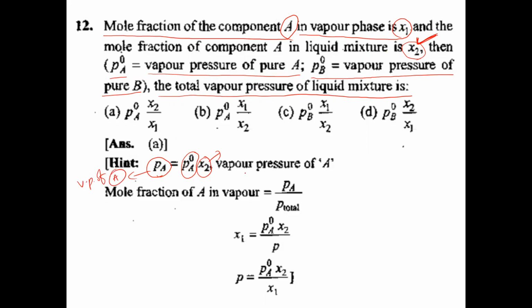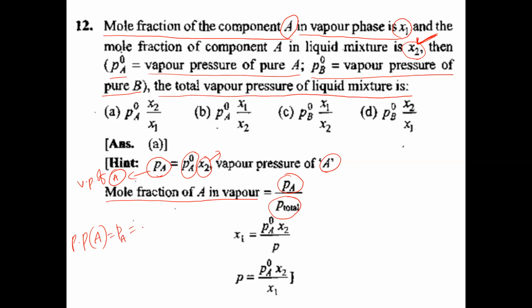Next, the vapor pressure of A is PA. Then the mole fraction of A in vapor phase is equal to PA, the partial pressure, by total pressure. Generally, partial pressure is equal to mole fraction into total pressure. So the partial pressure of A is given as PA here.